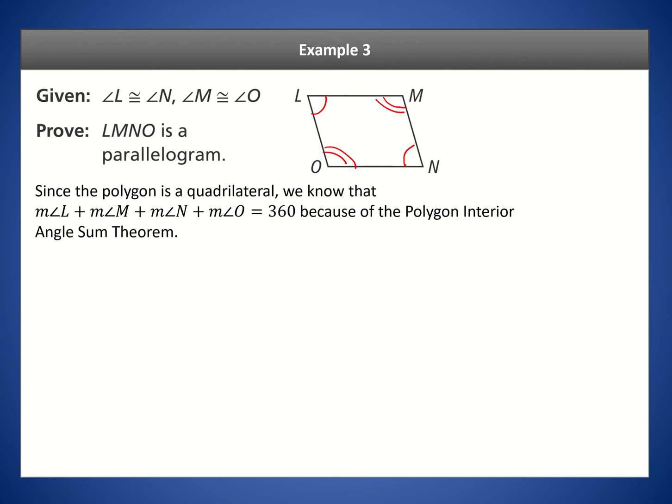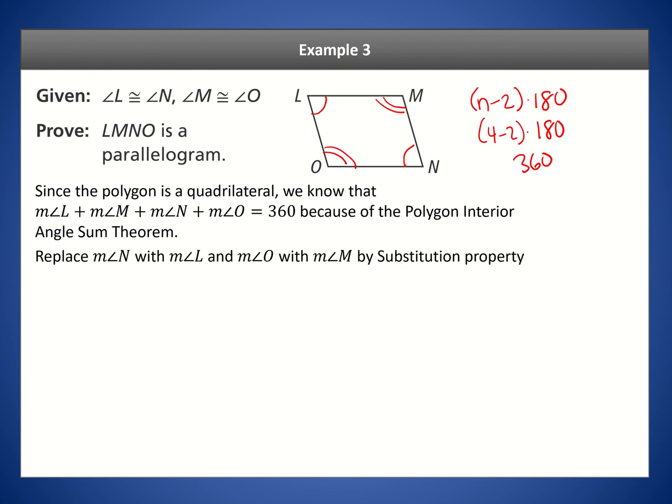Remember, the polygon interior angle sum theorem stated that if you had a polygon with n sides, the sum of the interior angles is given by this formula right here. For a quadrilateral with 4 sides, it was simply 4 minus 2 times 180, and 2 times 180 is 360. So the angles add up to 360 here.